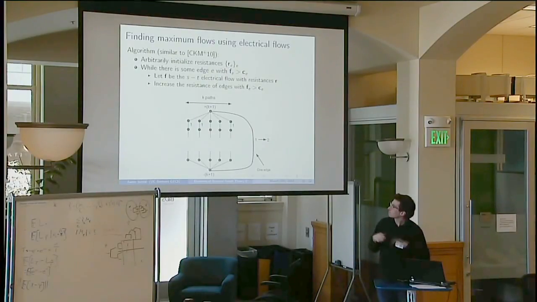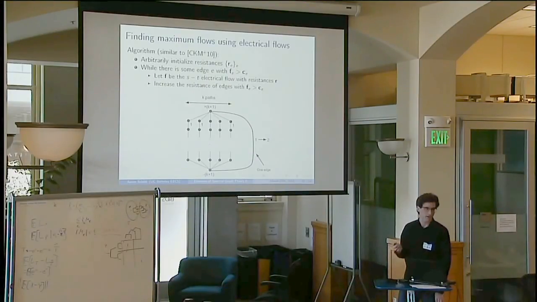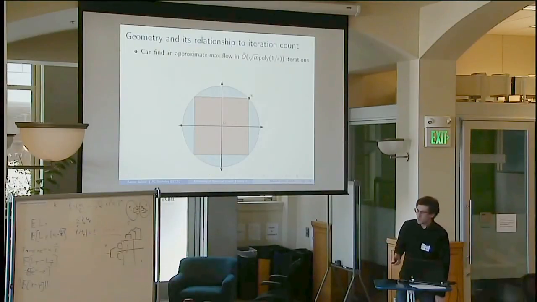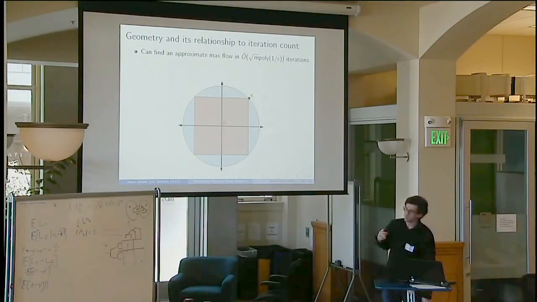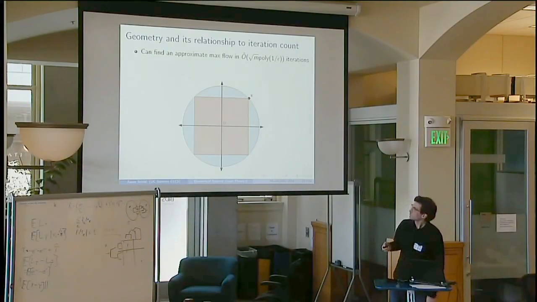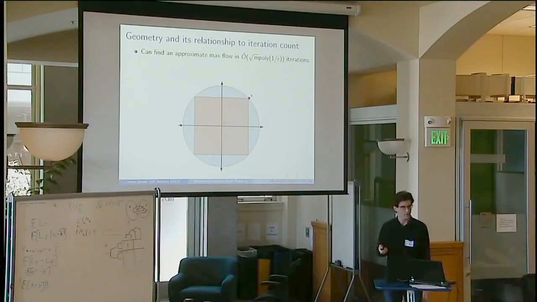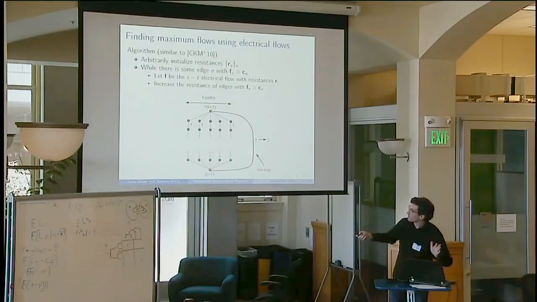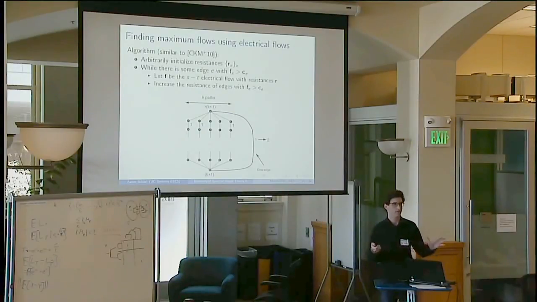This algorithm might seem a little bit hacky, but it turns out that there's a similar algorithm that you can analyze. In particular, you can fairly easily get an m to the 3/2 time algorithm out of this. The nice thing about writing max flow in a linear algebraic way is that now we can think about the problem geometrically.